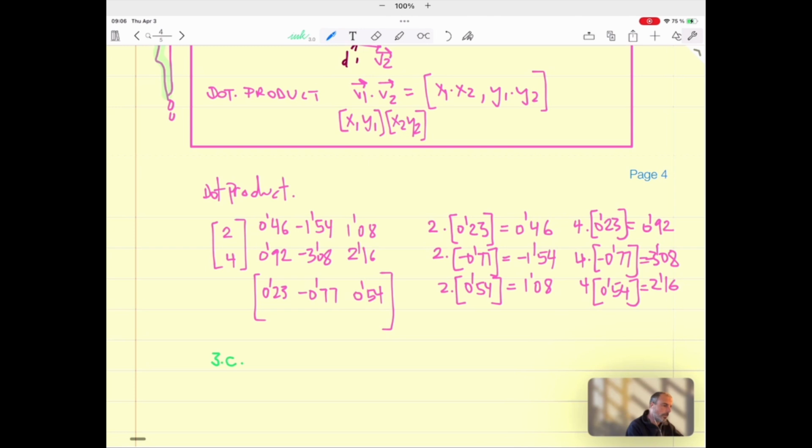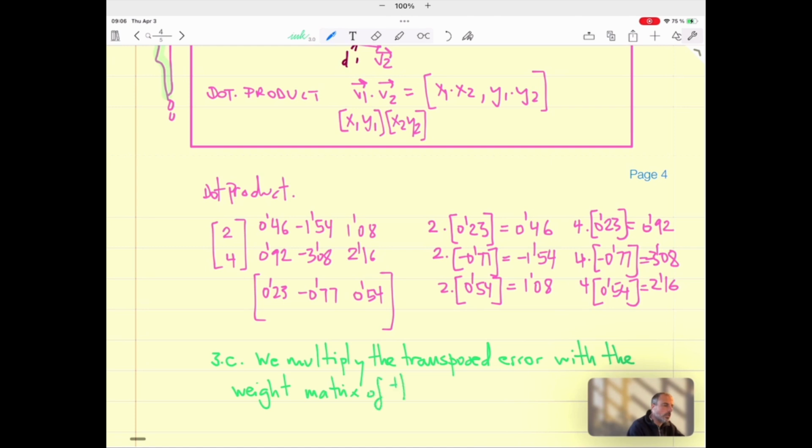We multiply the transposed error with the weight matrix of the current layer.